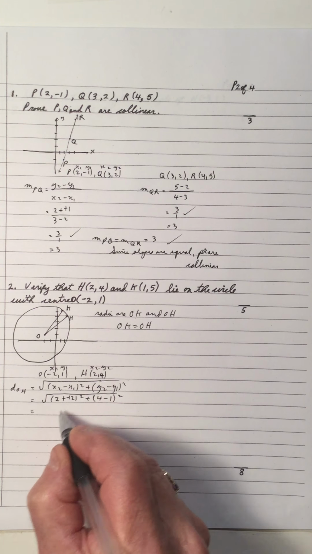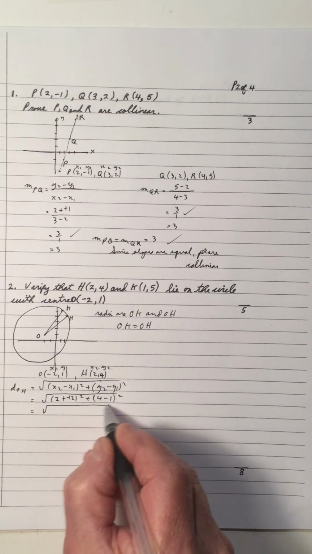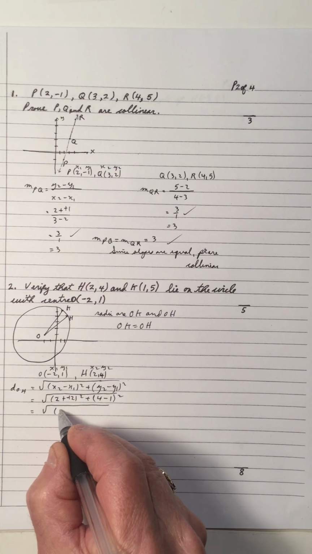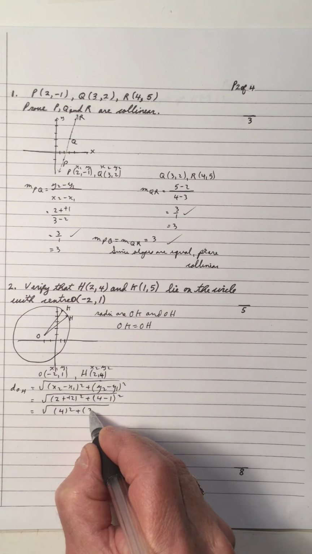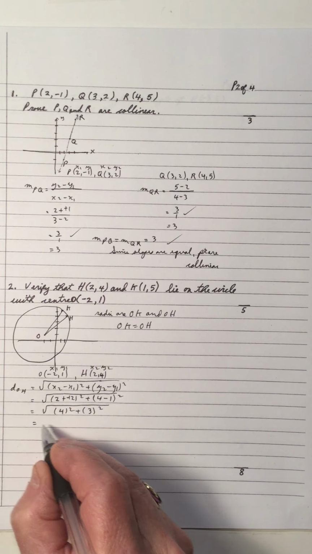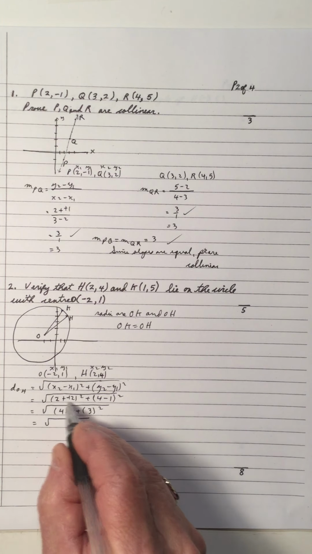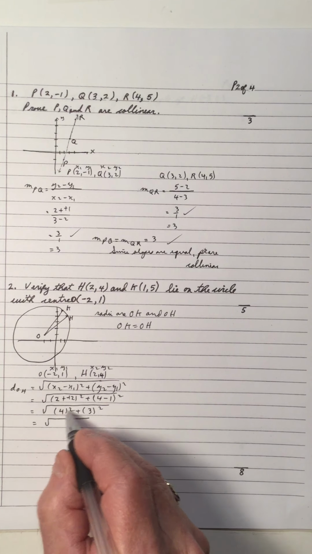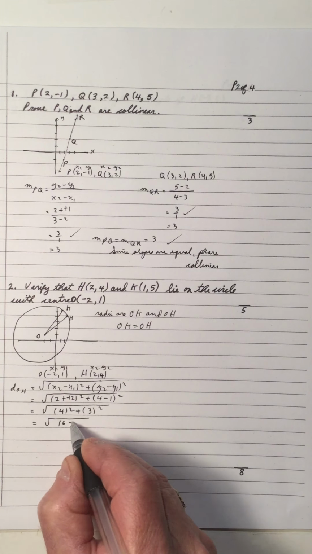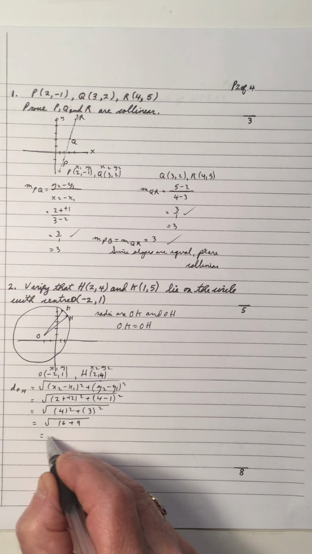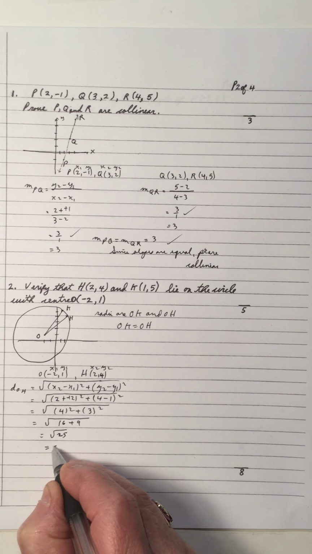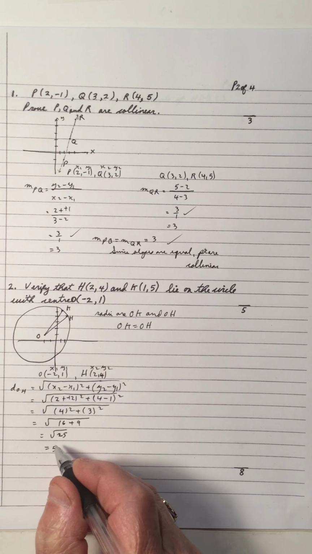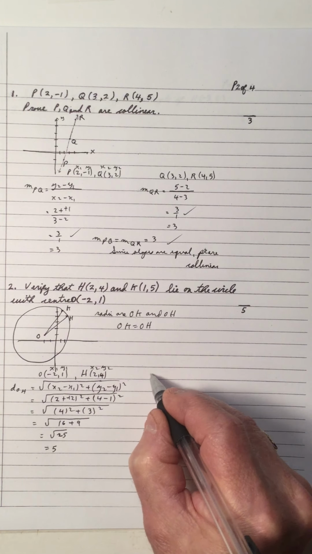Double negative is a positive. That's 2 plus 2 is 4 squared, and that's 3 squared. We worked out the brackets first by PEMDAS. Now we'll square next. 16 plus 9 gives us 25. So OH is 5.